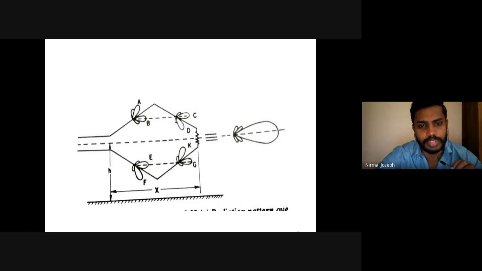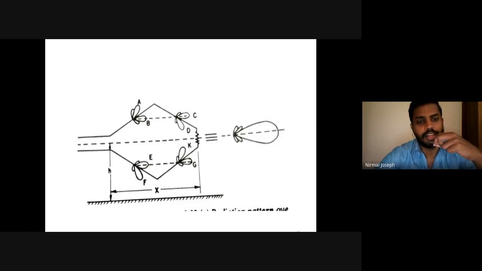So these both will get added together. Okay. Similarly, here also. See, you can see one lobe in this direction that can be considered as a major lobe, and here also one lobe is there, but both are directed in opposite directions.